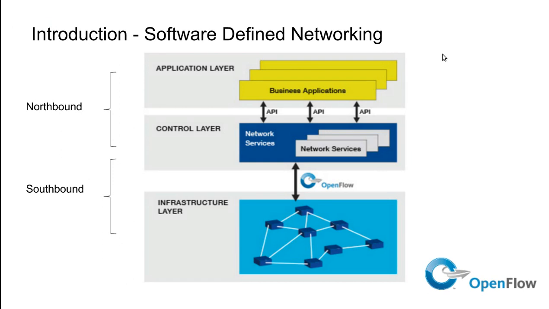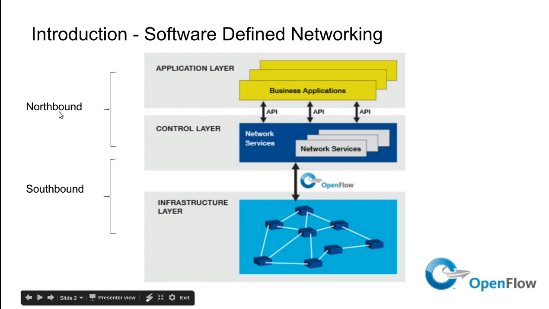So a little overview of software-defined networking. As you probably know, the main purpose of software-defined networking is to separate the control layer from the infrastructure layer, or forwarding plane, in the switch or in our routers. So we have two main parts.